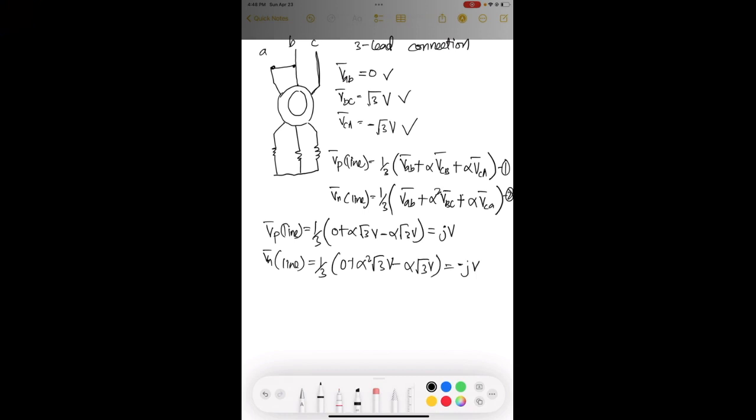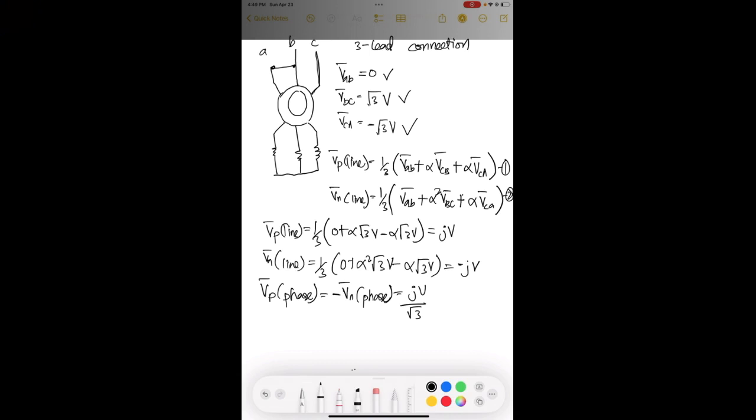And the phase voltage can be written as V_P phase, which is equal to minus the negative phase voltage, which is equal to jV divided by √3, which is basically a phase voltage.